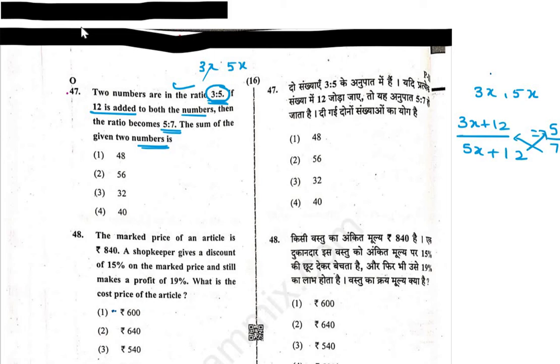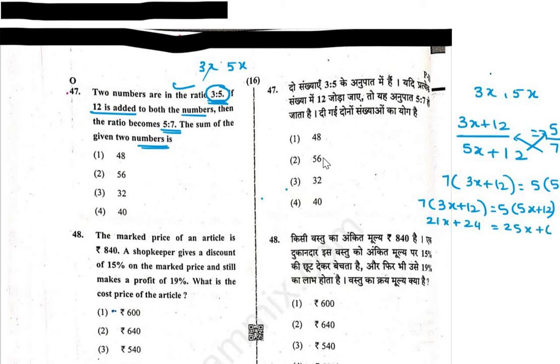Then cross multiply. I am writing 7 into (3x plus 12) equal to 5 into (5x plus 12). Multiply it: 21x plus 84 equal to 25x plus 60.